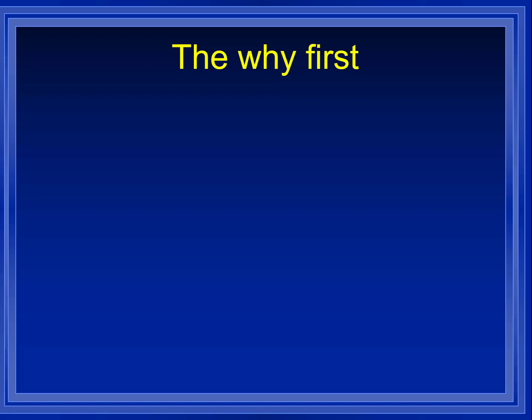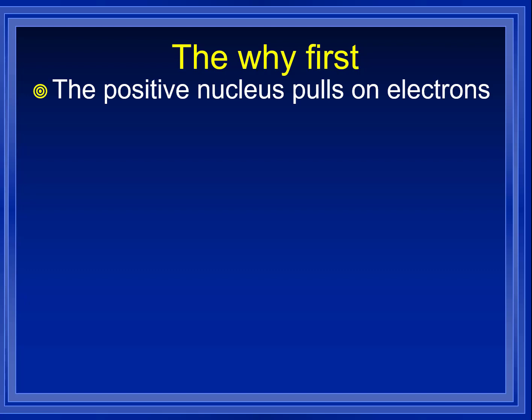Okay? And here's the why. For all of them, the positive nucleus pulls on the electrons. And all of those things, the size, the electronegativity, the ionization energy, is all just a measure of how hard those electrons are being pulled. The harder they're being pulled, the higher the ionization energy. The harder they're being pulled, the closer in they'll get.